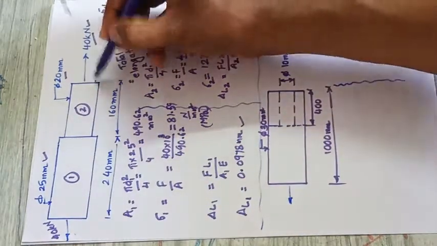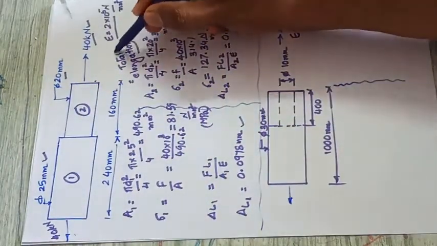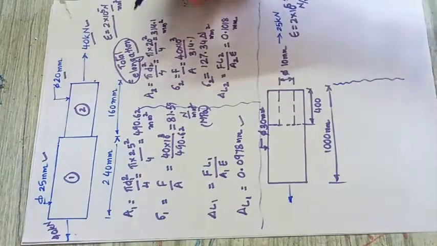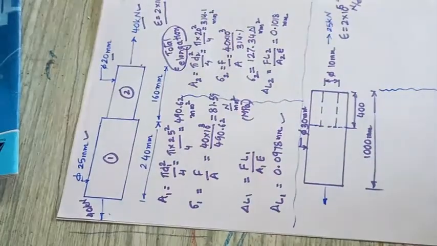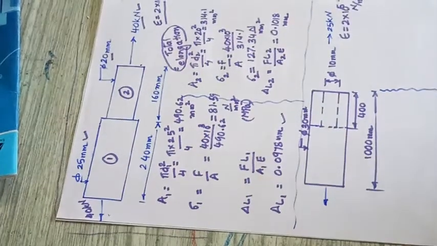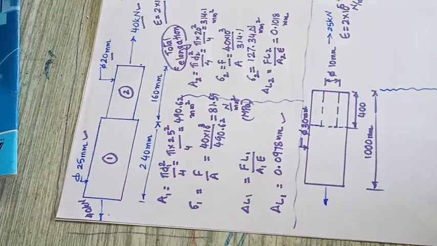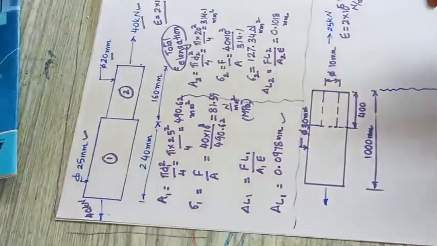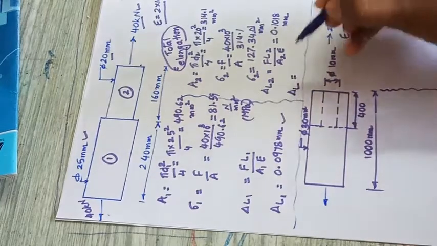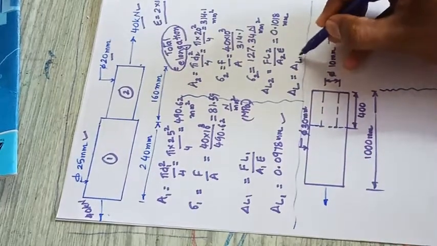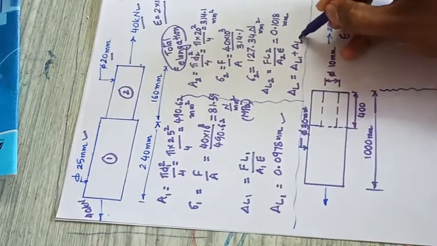So what he asks is, what is the total elongation? Total elongation is the summation of the two changes, delta L1 plus delta L2.